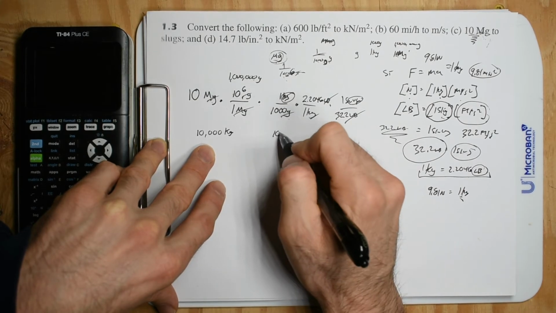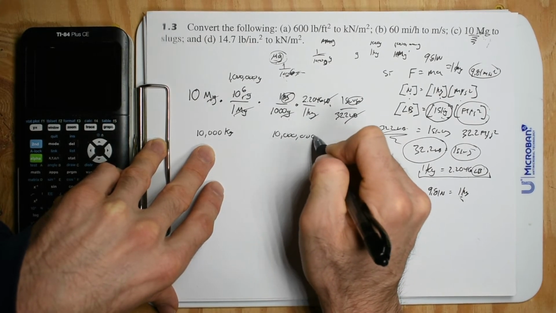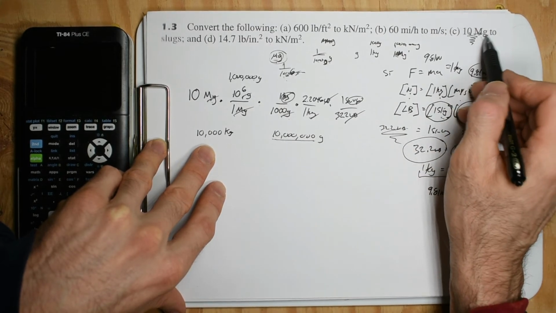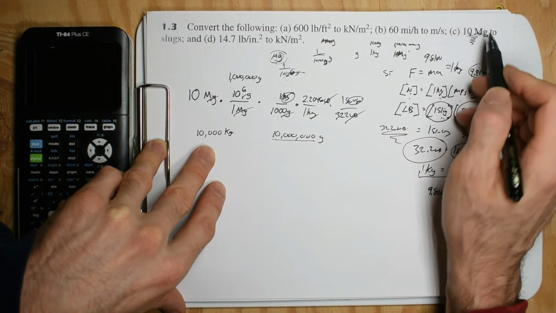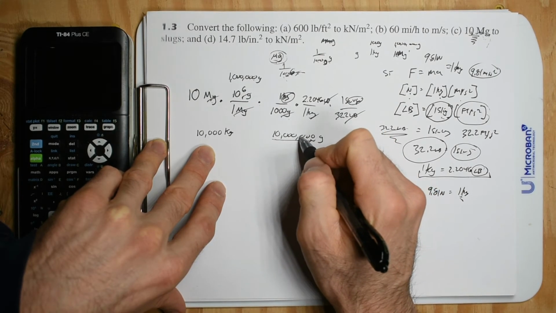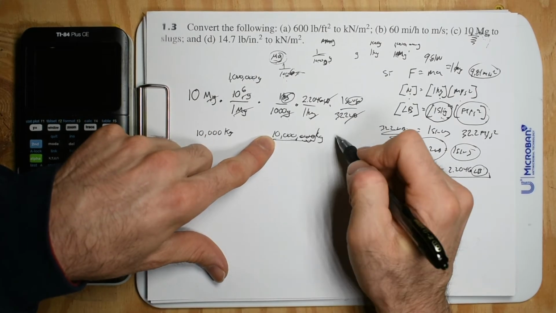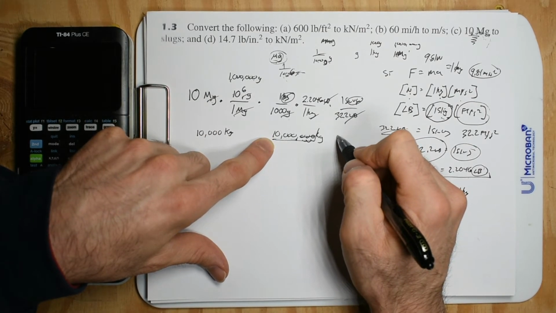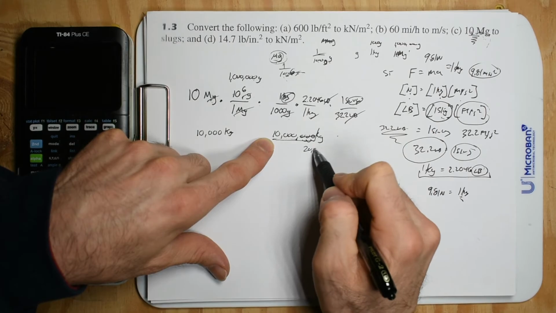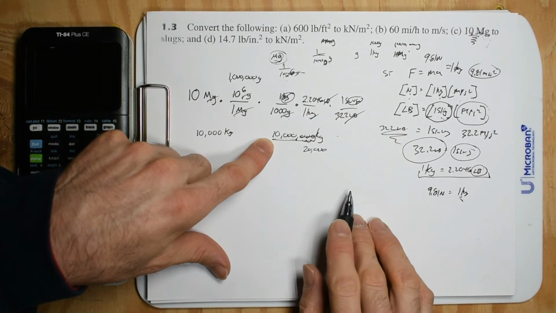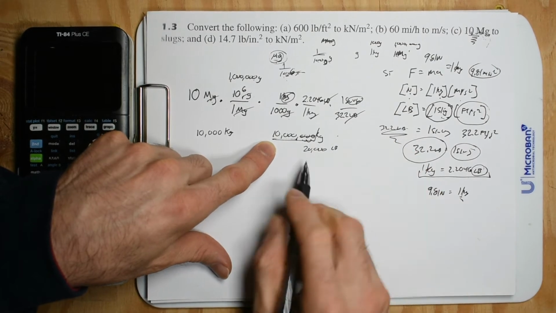Because you have 10 million grams. Move the decimal place 3 times, you get 10,000 kilograms. And wouldn't this be about 20,000 pounds on average, just real fast? And then it's 20,000 pounds. But then how do you convert to slugs?